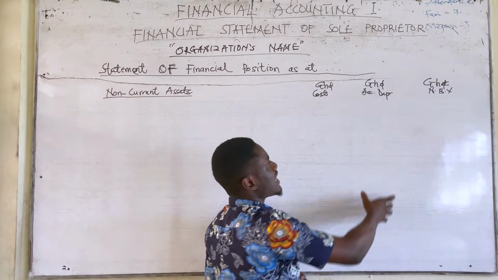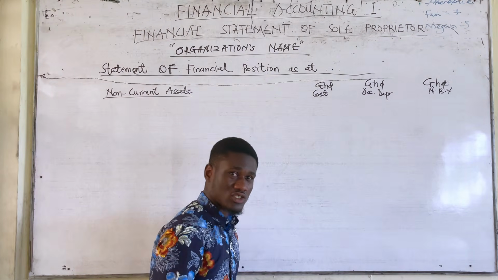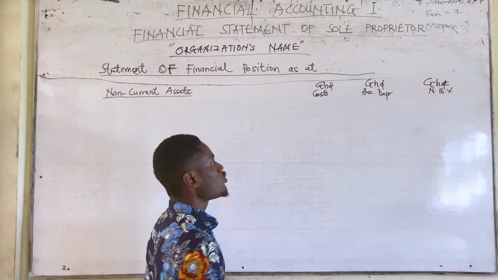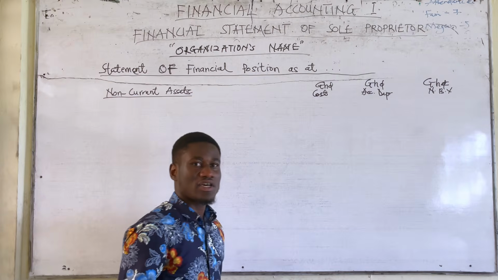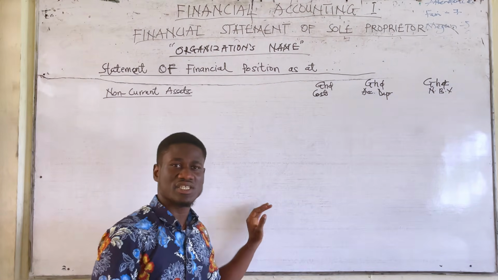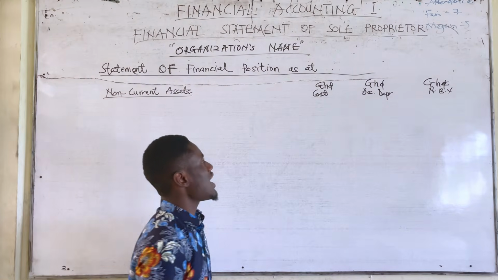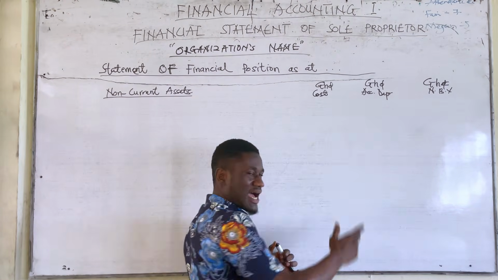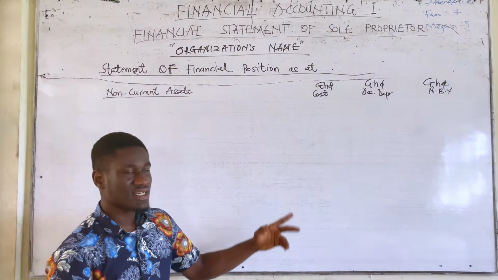Okay. So if the question asks us to calculate depreciation on that item, we will calculate it. First of all, we calculate that depreciation, show that depreciation in the expenses, and also show that depreciation in the balance sheet.